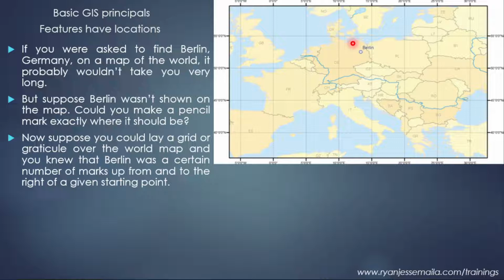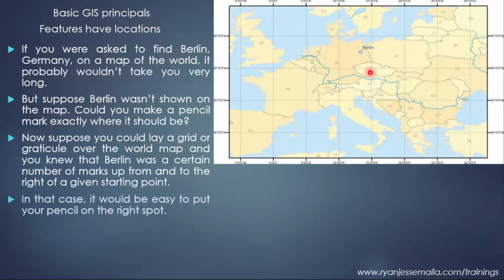So if you knew the coordinates of Berlin, you can use this to pinpoint and eventually come up with this location. What's important for you to understand is that features have locations, and you have to ensure that you get the coordinates for those particular locations.